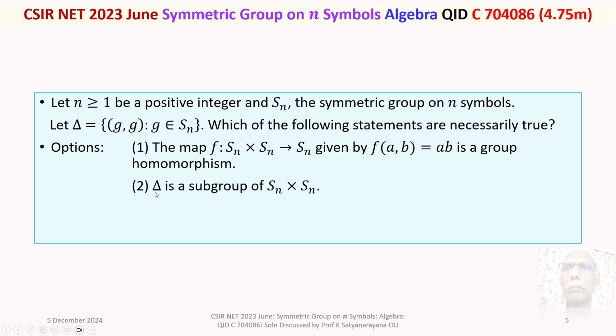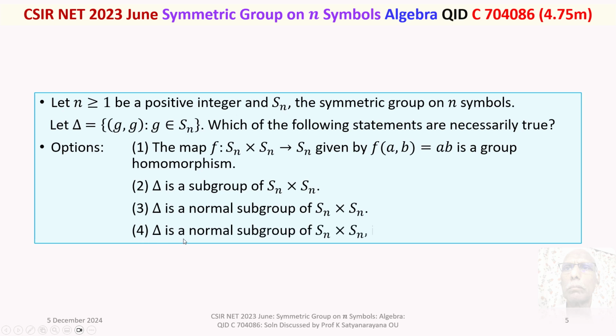Option 2, delta is a subgroup of Sn cross Sn. Option 3, delta is a normal subgroup of Sn cross Sn. Option 4, delta is a normal subgroup of Sn cross Sn if n is a prime.